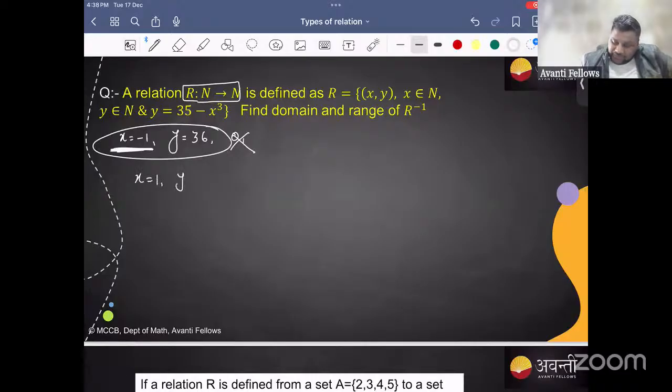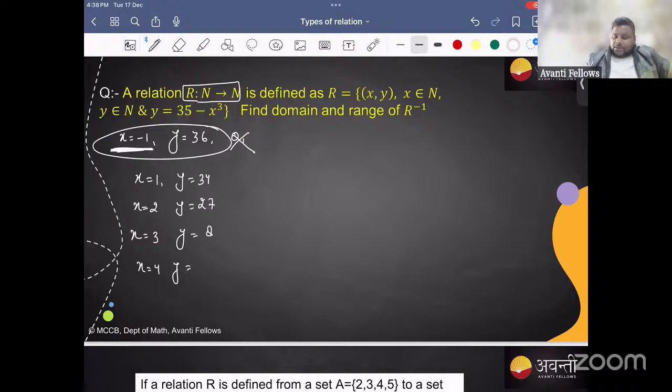In that case y will be 34. Then for 2, y will be 35 - 8, which is 27. If the value of x is 3, then y is 35 - 27, which is 8. And if x is 4, y is 35 - 64, which is an integer but not a natural number.